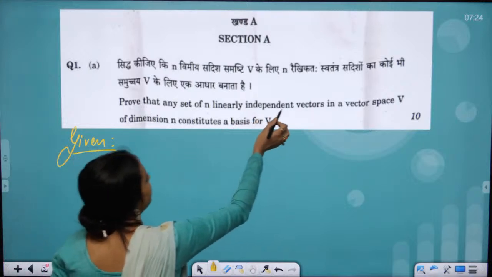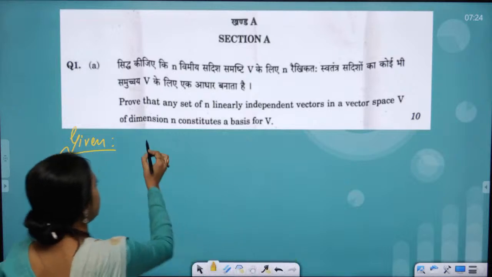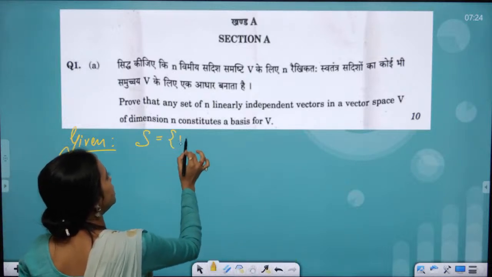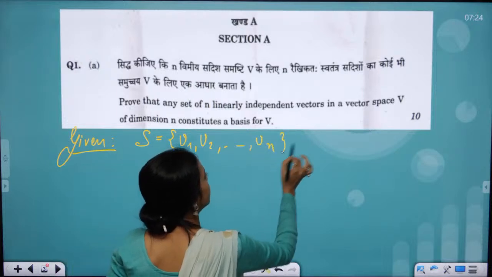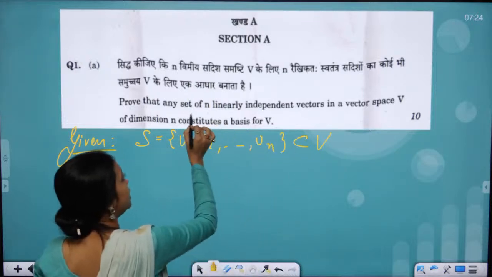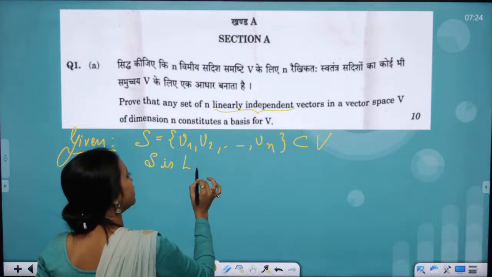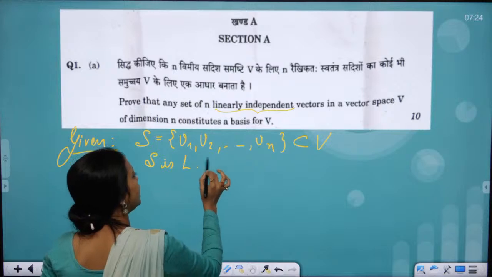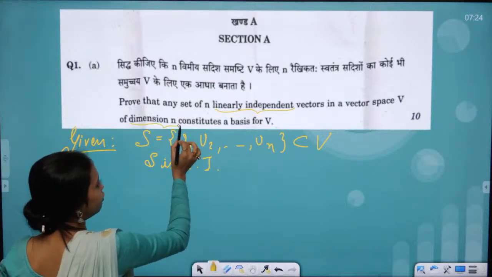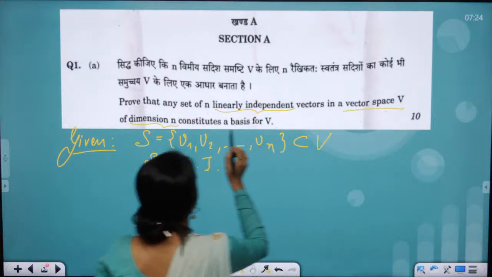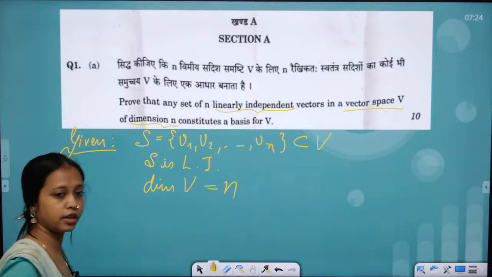Any set of n linearly independent vectors in a vector space V. So we have a set S that contains n vectors and that is a subset of V, and they are linearly independent. That means S is a linearly independent set. One more thing that is given, that your vector space V is of dimension n. That means dimension of V is n. Two things are given, right?